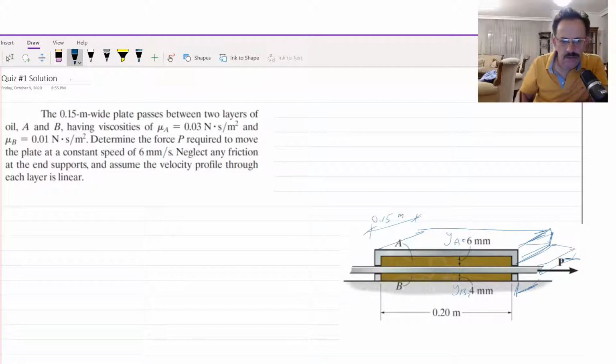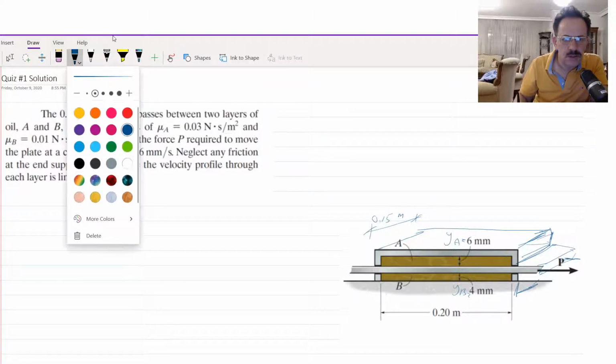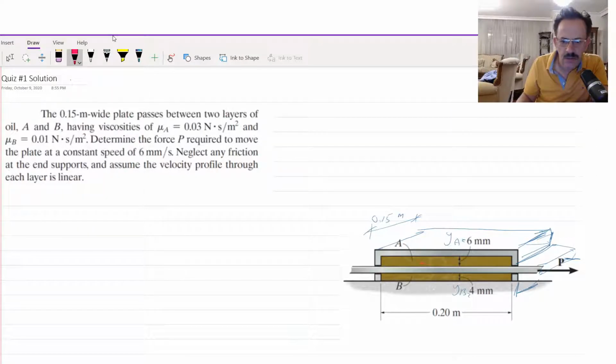So if I want to calculate the force, first of all I know that due to the friction, due to the viscosity forces, we have a shear force.